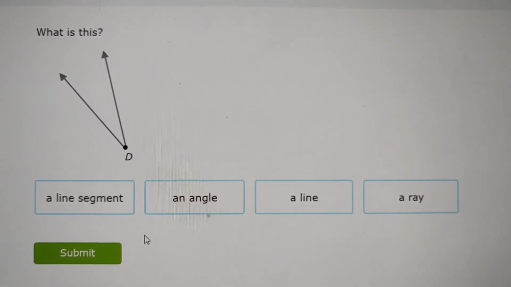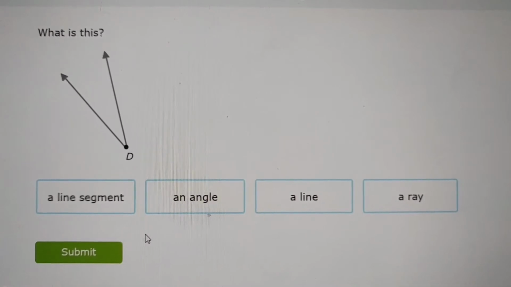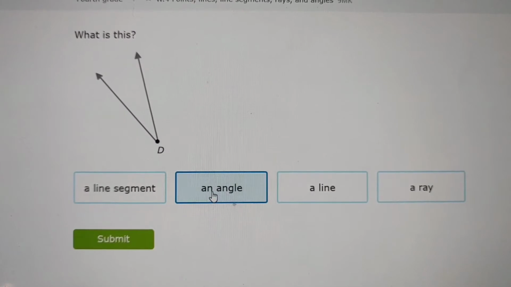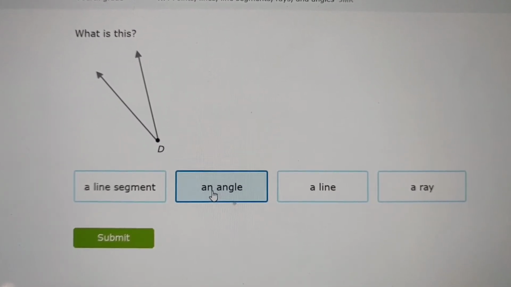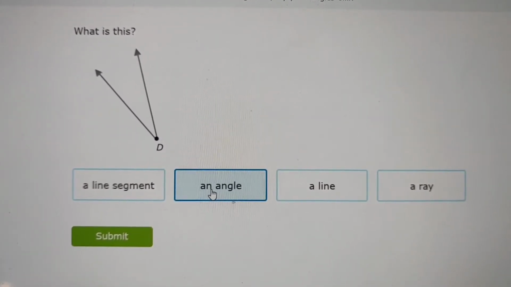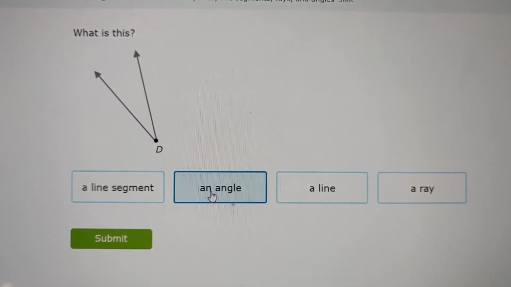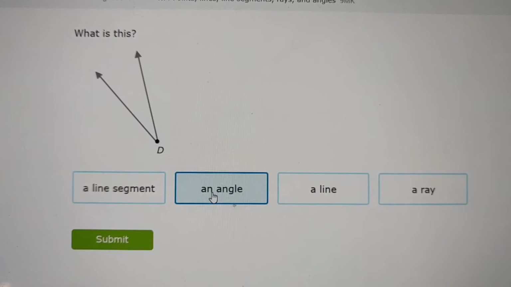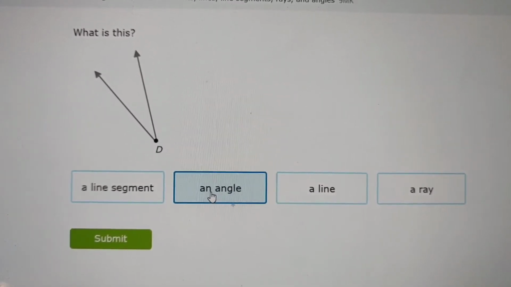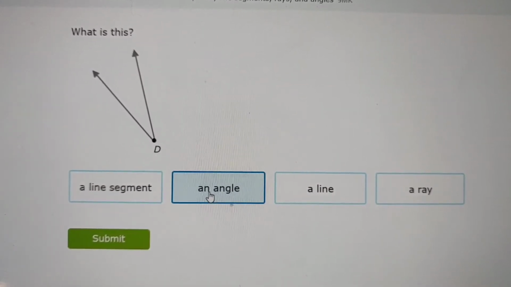And think about how you know. So I chose that this is an angle. I know it's not a line segment because I don't see 2 points and part of a line between those 2 points.